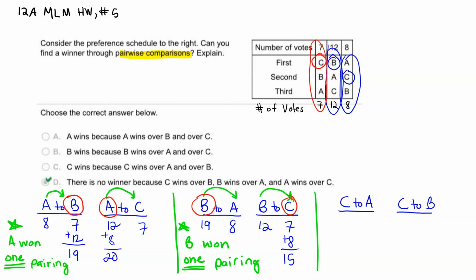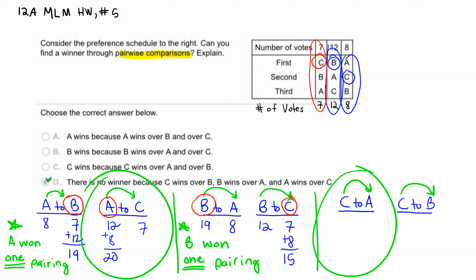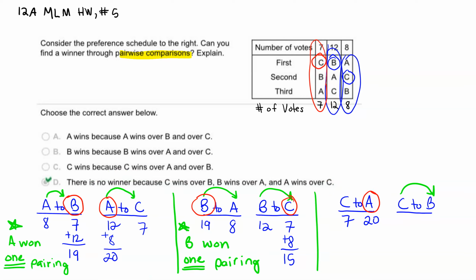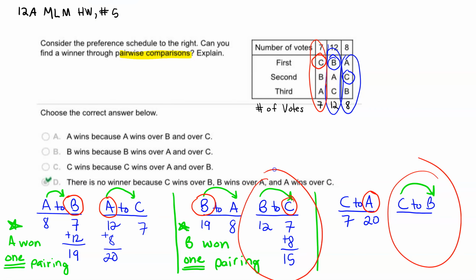So let's see what happens now when we compare C to A and C to B. Well, we've already compared C to A. I did that right here. A won. So in that pairing, A had a total of 20 votes. C had a total of 7 votes. So A won that pairing. And we've already compared C to B. We did that right here.